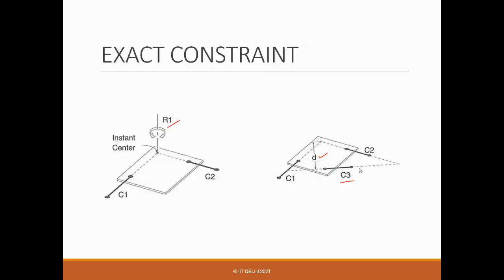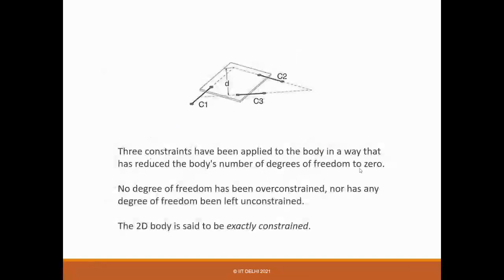So 3 degrees of freedom in a plane, and 3 constraints can completely remove all the degrees of freedom in a plane. So that's what we understood. And when the number of degrees of freedom is equal to the number of constraints, you satisfy the condition of exact constraint. It means there is no additional constraint, and the number required is whatever is there.